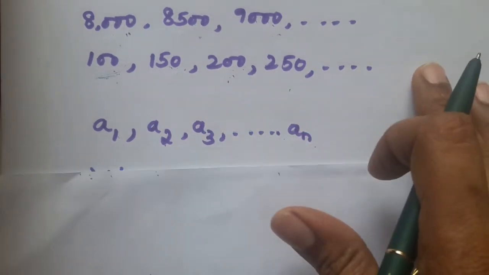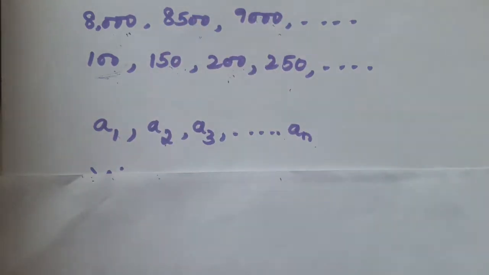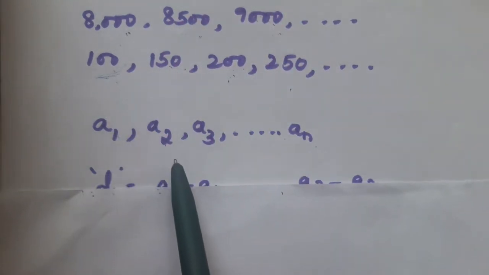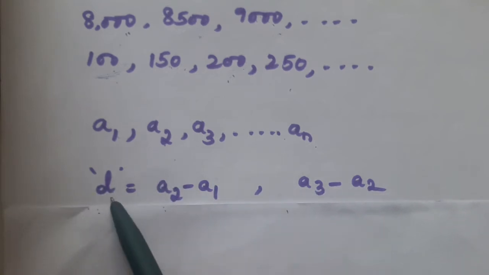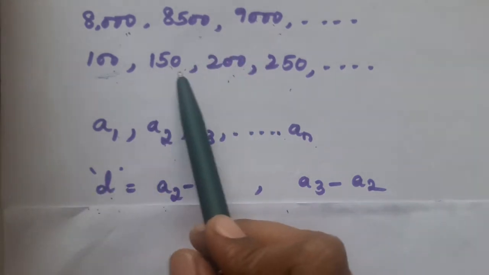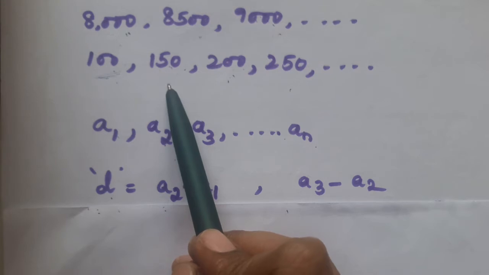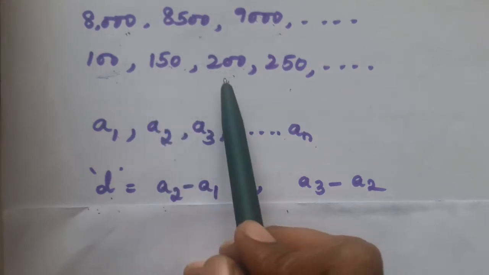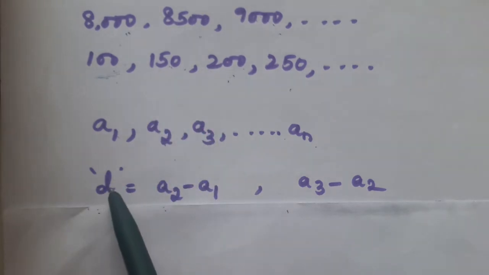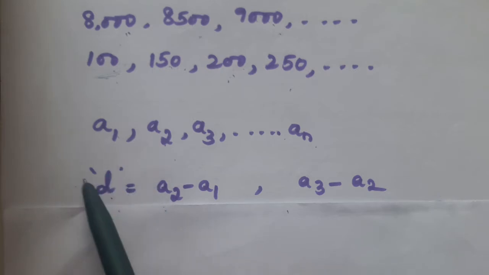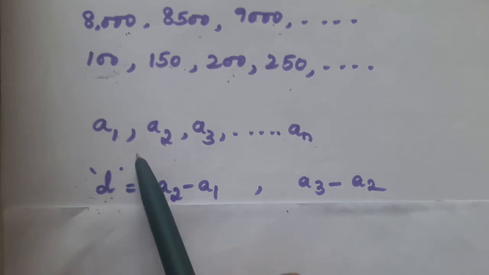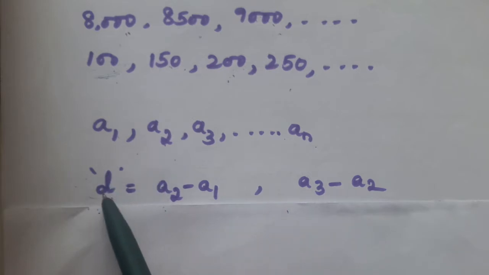Now, what is the fixed number called? The fixed number is nothing but the common difference between two terms, and it is denoted by small d. And how to find it easily?